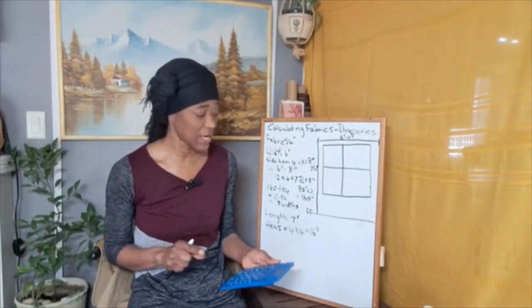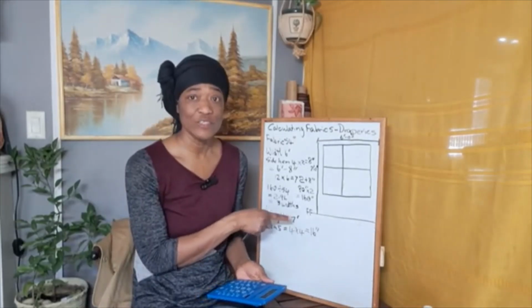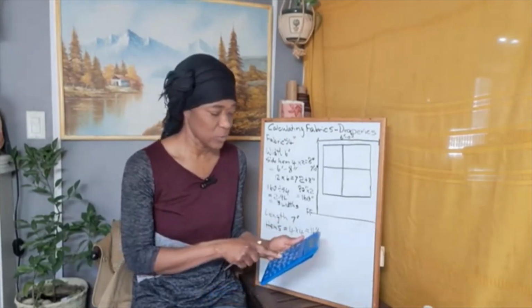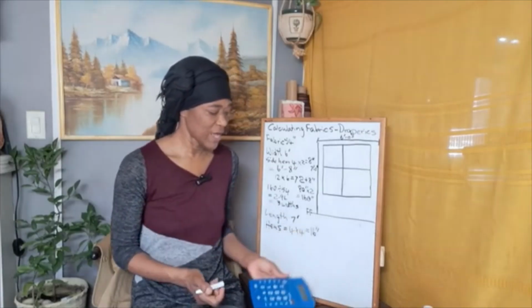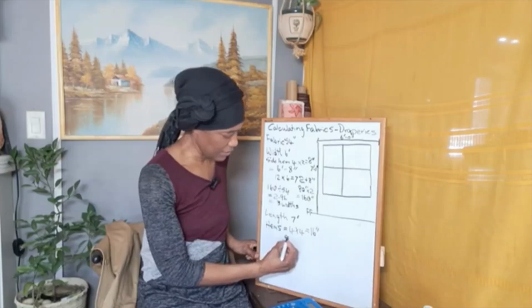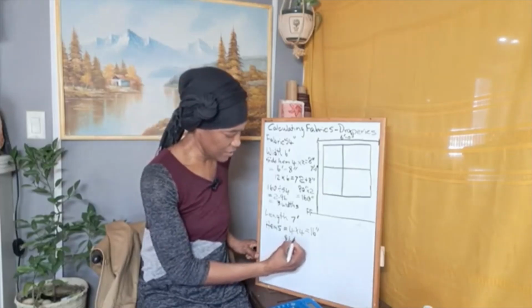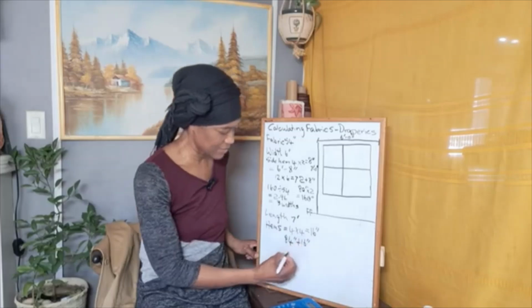Our next step is to add 16 inches to 7 feet. But before we do that, let's go ahead and convert our 7 feet to inches. So there are 12 inches in a foot. Therefore, we have 84 inches. So it's 84 inches plus 16 inches.